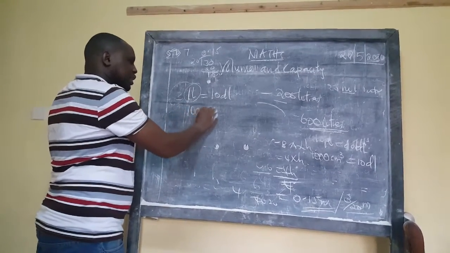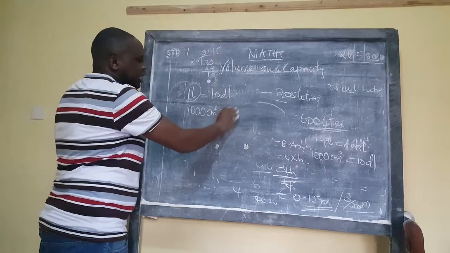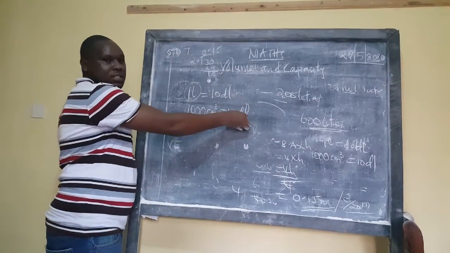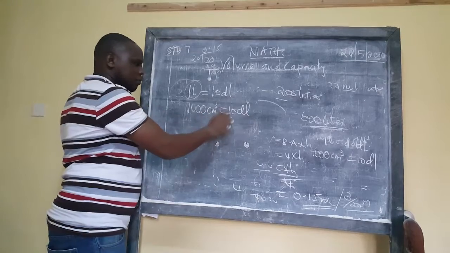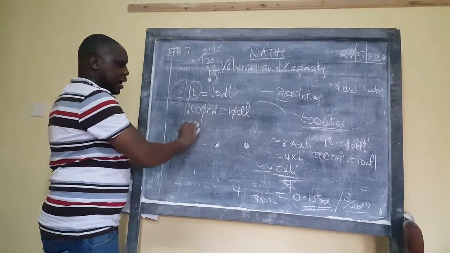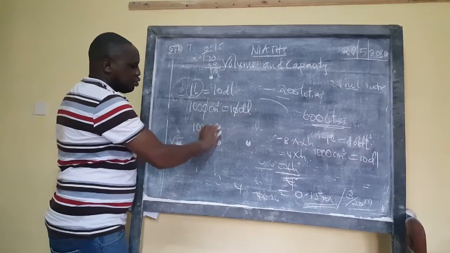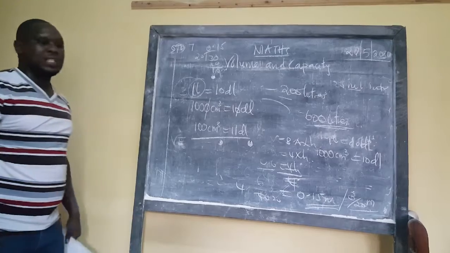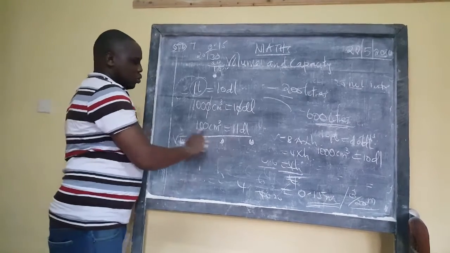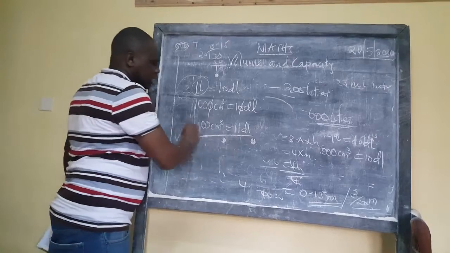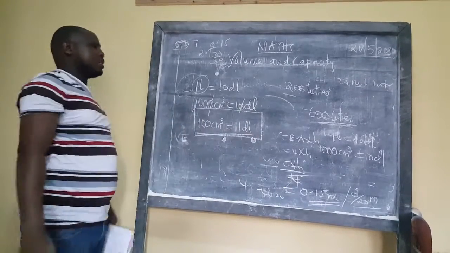So we can say 1,000 cubic centimeters is equal to 10 dl. Then this and this can cancel. You see, it becomes 100 cubic centimeters is equal to 1 dl. So that's where they're getting it from. This relationship is very, very important.